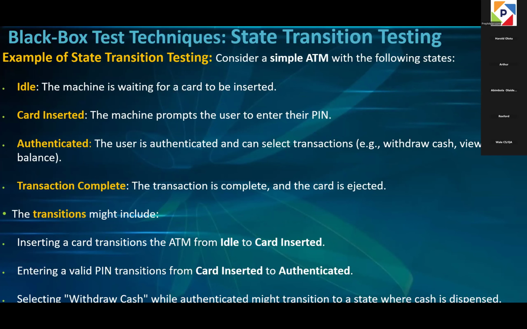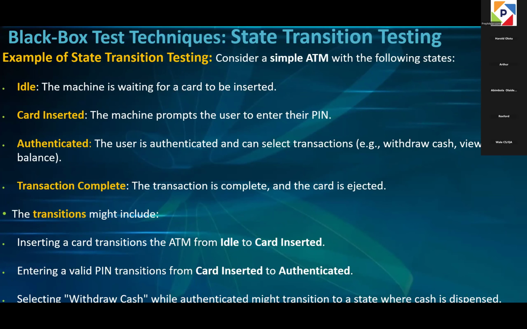When we approach an ATM machine, these are the various states of activity that occur. First and foremost, when we go to the ATM it is always idle, right? And so the machine is waiting for a card to be inserted.